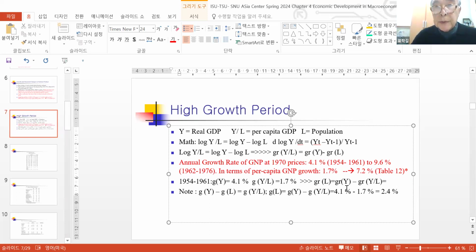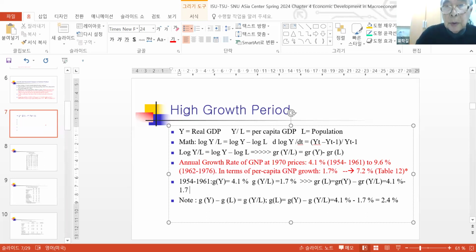Growth rate of Y said 4.1%, minus growth rate of per capita income 1.7%. Therefore, growth rate of what?